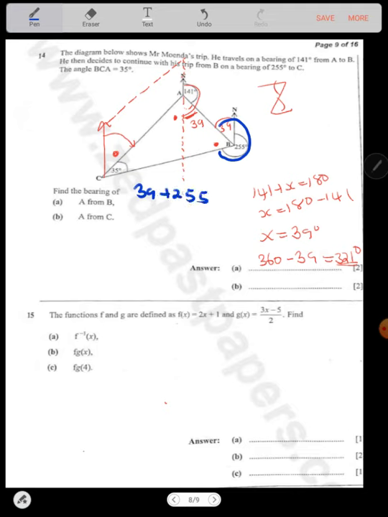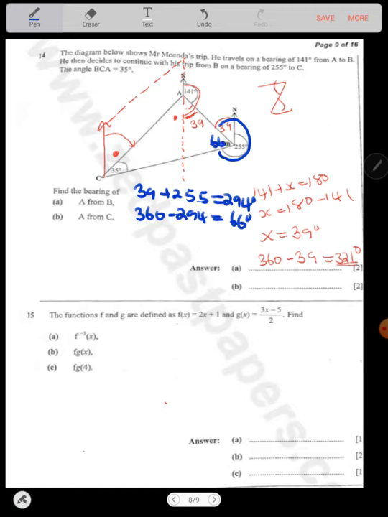So that's 39 plus 255 to give you 294. Okay? So from here to here is 294. Now how can we find this angle? Remove 294, so 360 minus 294 to give you 66 degrees. So this angle here is 66.